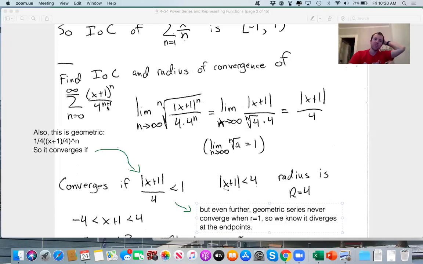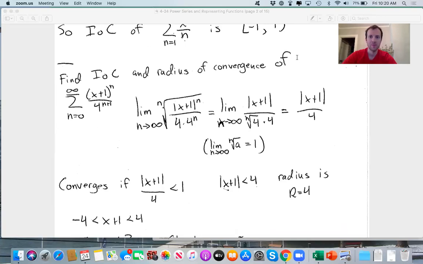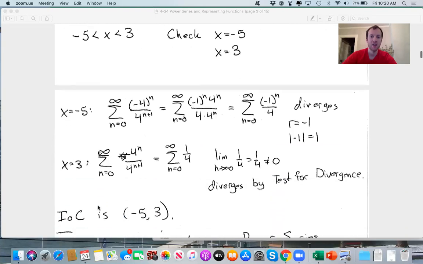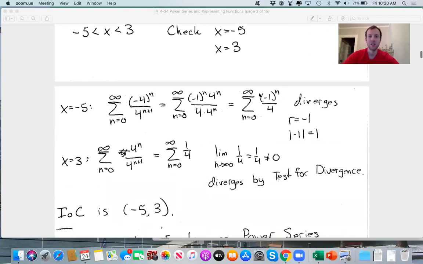So if you look at this as a geometric series, you know that it converges, and that it diverges at the endpoints, because that corresponds to having 1 to the n or minus 1 to the n, which we know diverges. And that's what we saw. If you put in 3 and -5, you get -1 to the n, or in this case, it's just not written that way.